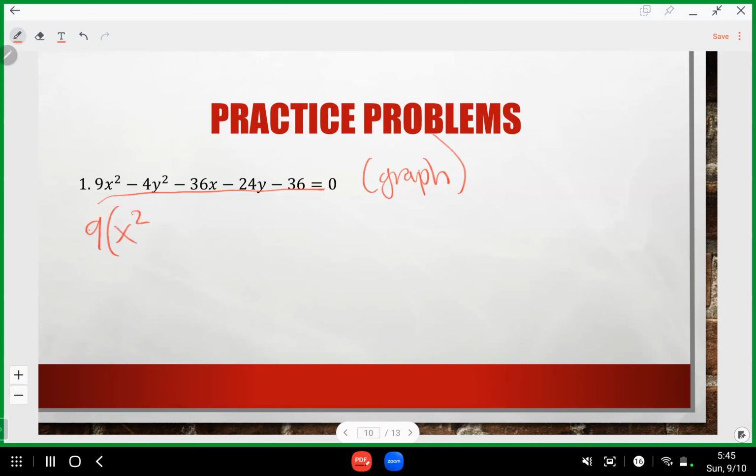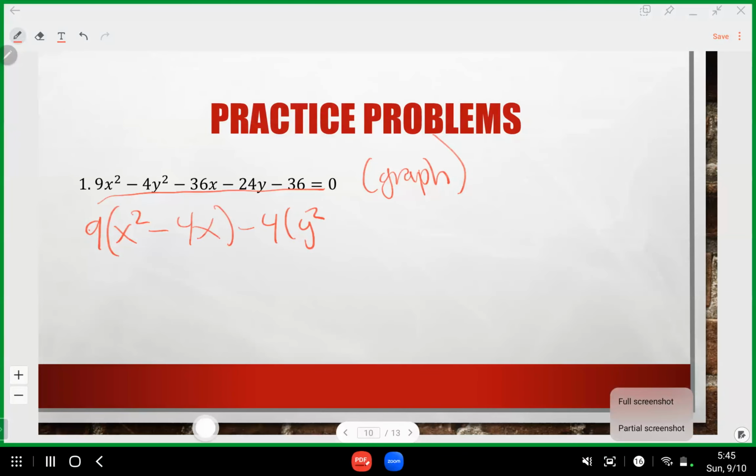So it's 9 times x squared minus 4x, and then minus 4 times y squared plus 6y equals 36.